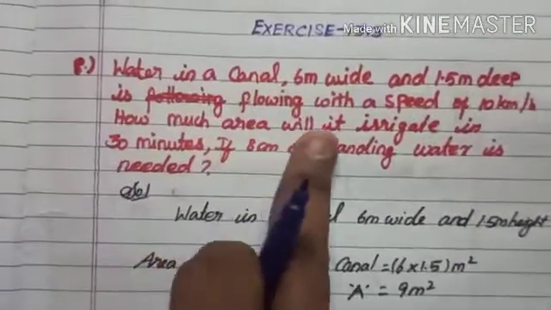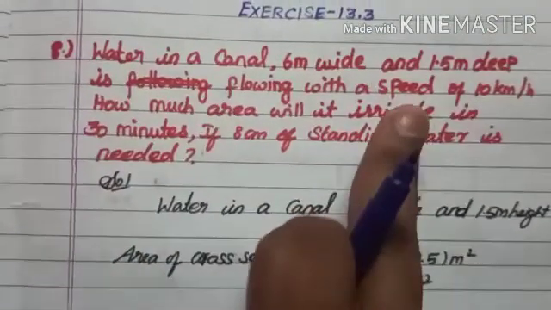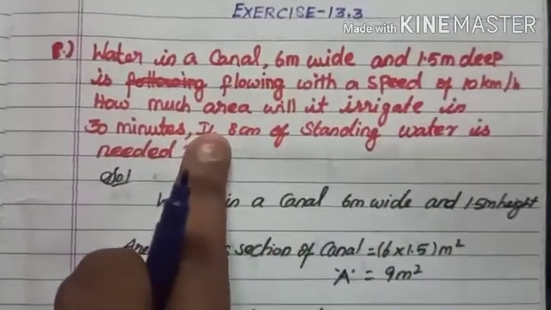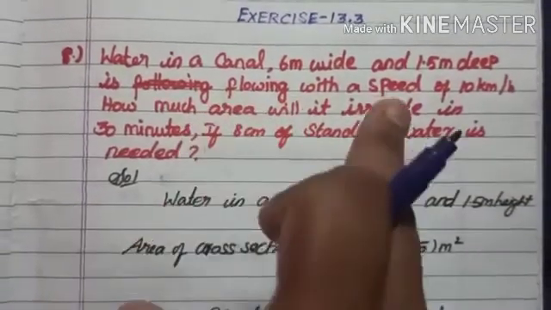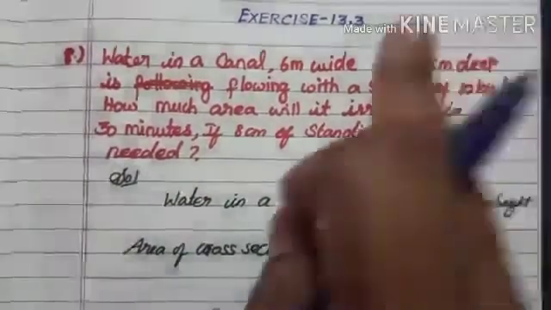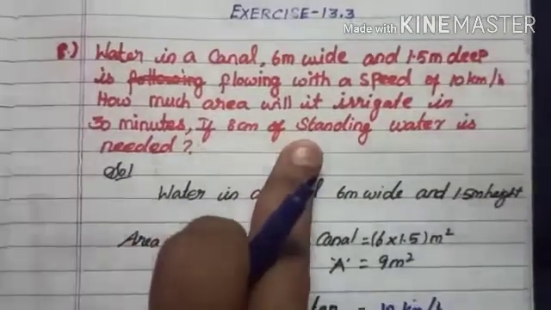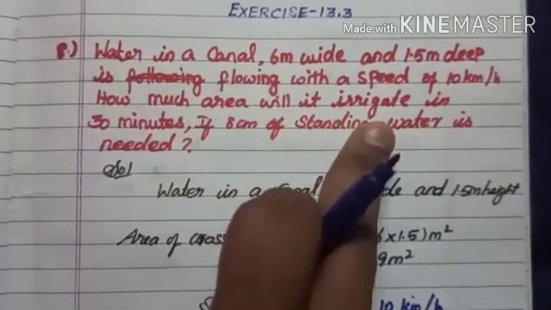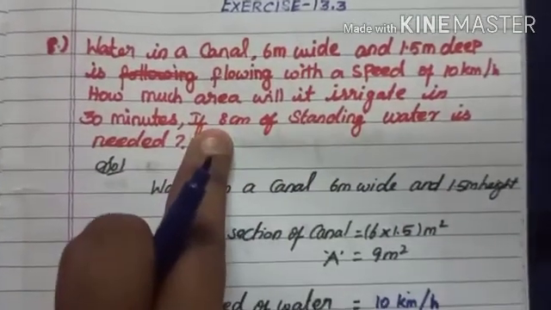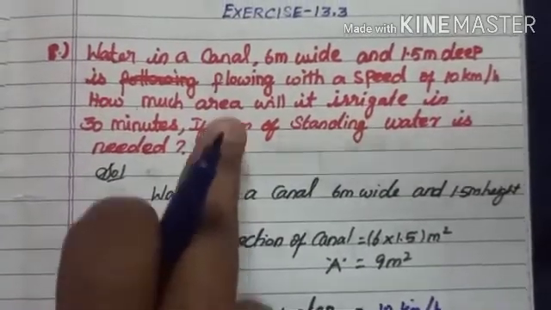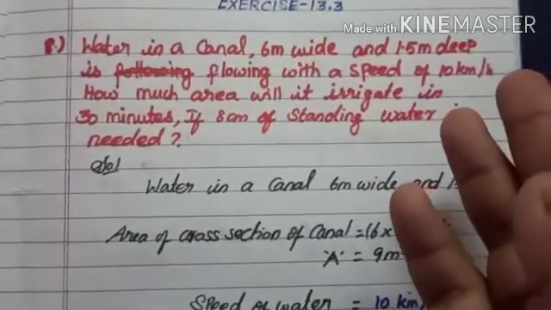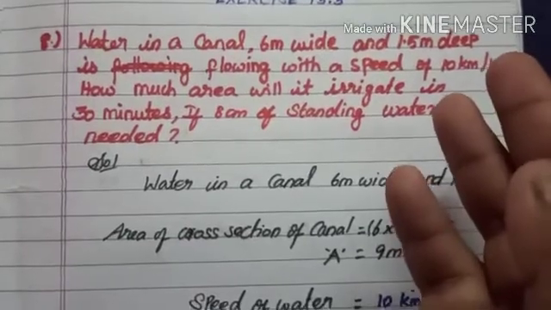But what we need to find out is how much area will it irrigate. So how do you find the area? The area you need to cover, multiplied with the 8 centimeters, gives the volume of water.